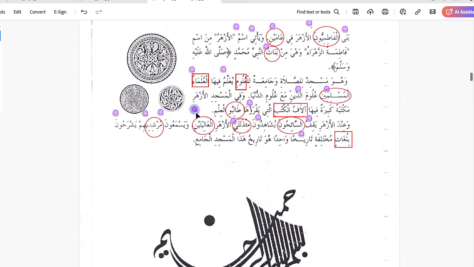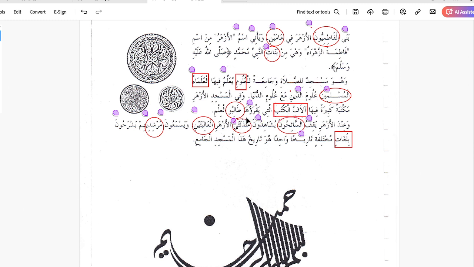Fil masjid al-azhari maktabatun kabiratun fiha alaful kutubi allati yakra'uha talibul ilmi. And in the Al-Azhar mosque there is a library, a big library, kabiratun. Fiha, in it there are alaful kutub, thousands of books.